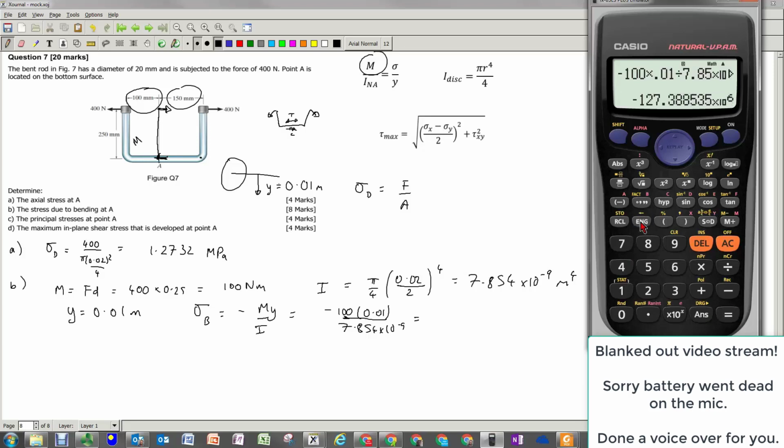Alright, let's press the Eng button, find out what that is in megapascals. Okay, so we've got minus 127.388 megapascals. Let's round that to 127.39.